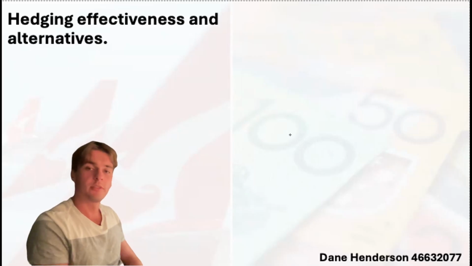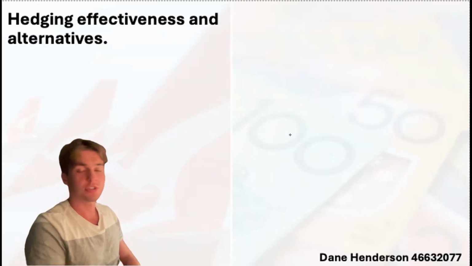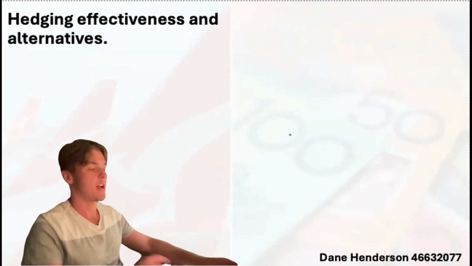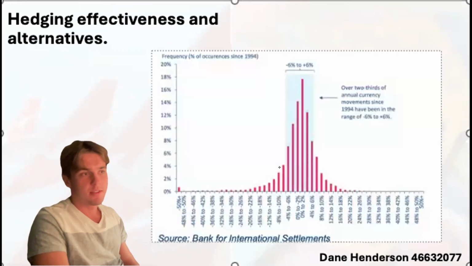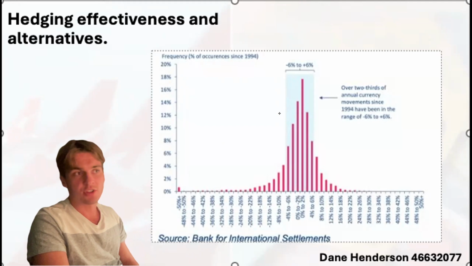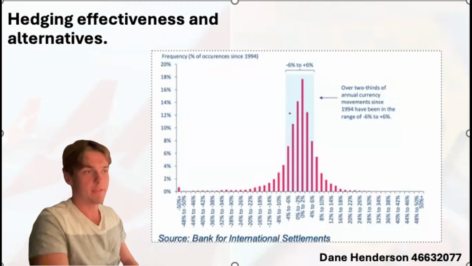So in terms of the actual effectiveness of hedging for Qantas for exchange rate volatility, as we mentioned, there can be significant periods of more than 6% changes in exchange rates, which we have seen.